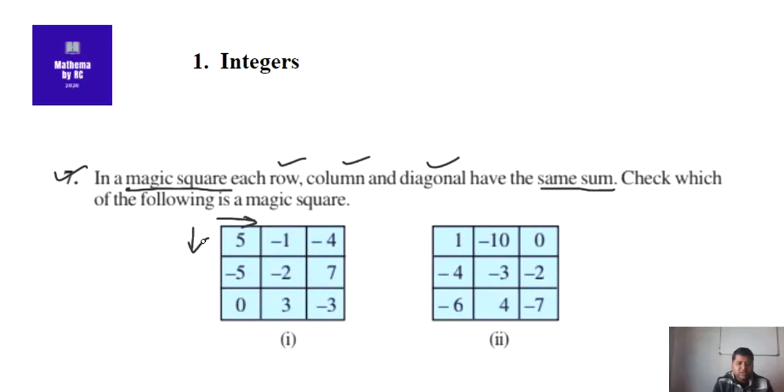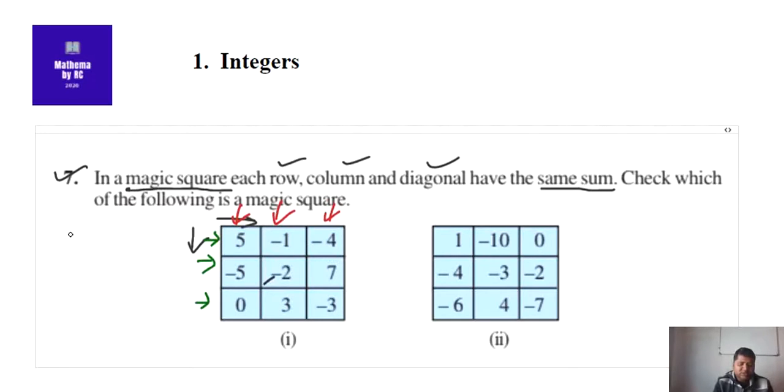There are 3 rows, 3 columns, and 2 diagonals. One diagonal is this, another diagonal is this. So we sum each part. Firstly we sum in row basis: 5 minus 1 minus 4.